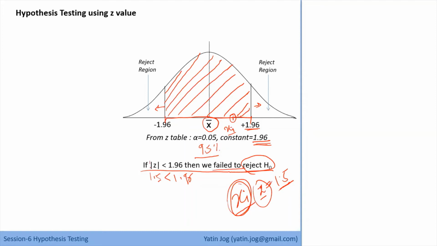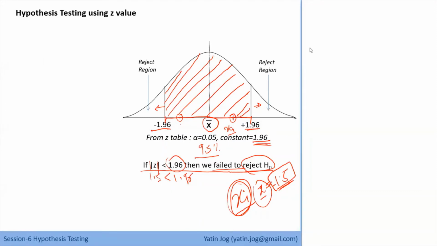Now why is it mod of Z? Because the Z value can be negative also. So if it is minus 1.5, still it will be in the accept range, because we are now going to compare minus 1.5 with minus 1.96. And that's why we are saying only 1.96 and we are comparing it with mod Z. And this is a kind of thumb rule in statistics.